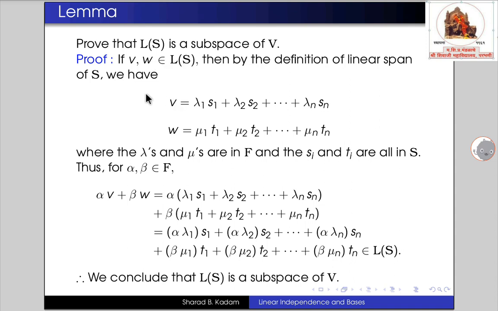So V will be a linear combination of S1, S2, ..., Sn.